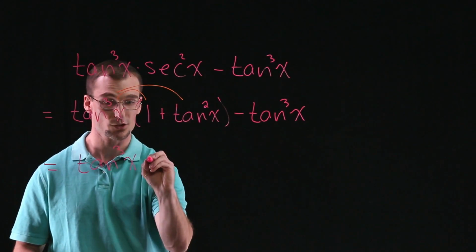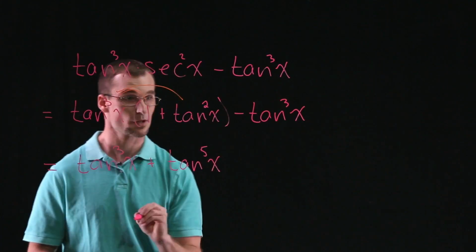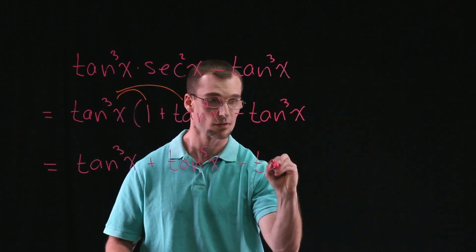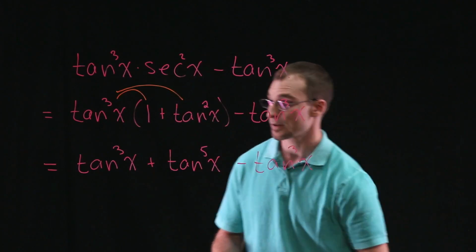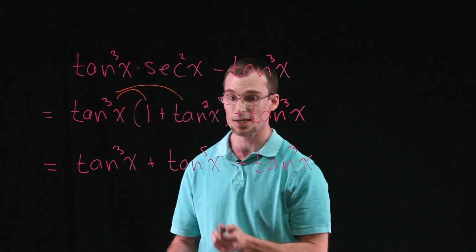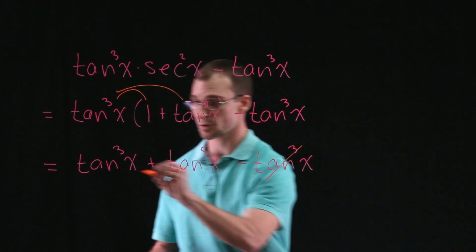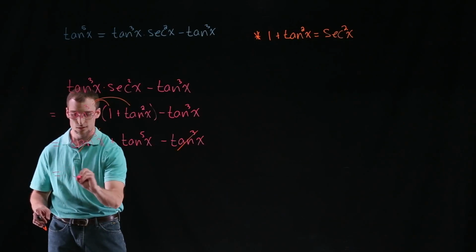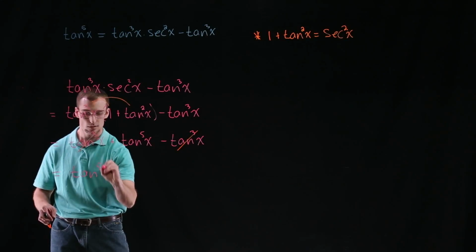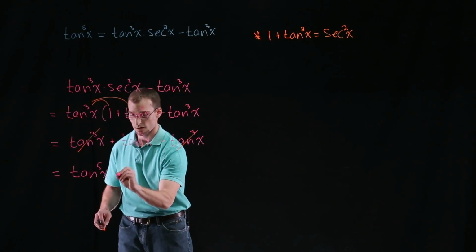Tangent cubed times tangent squared is tangent to the fifth x, and minus tangent cubed x. Taking a look, tangent cubed plus tangent to the fifth minus tangent cubed, the tangent cubes will subtract and cancel, leaving us with tangent to the fifth x, which verifies our identity.